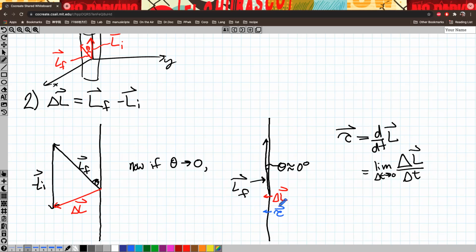Yeah, so delta L and tau should basically be in the same direction, right?